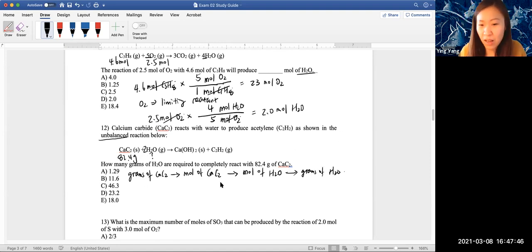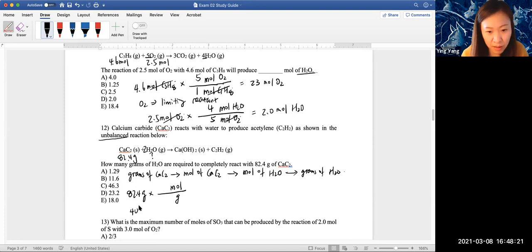In the exams, you can always write this down and follow the steps. Even if you do it in one step, writing this down can guide you through this calculation so that you don't miss anything, right? Okay, now let's just follow the steps, starting from 82.4 grams of calcium carbide. Now I'm going to convert from grams to moles. But first, we need to calculate its molar mass.